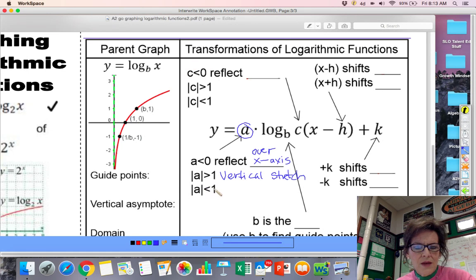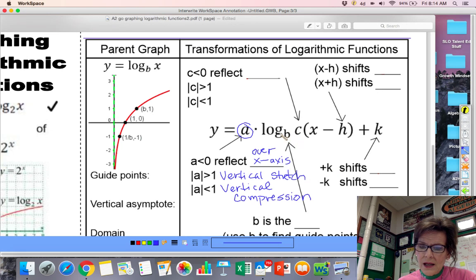When the absolute value of A is less than 1, that is when it is a fraction between 0 and 1, then we have a vertical compression or a vertical shrink, and the y values get mashed down closer towards the x-axis. You can call that a compression or a shrink, whichever speaks to you.